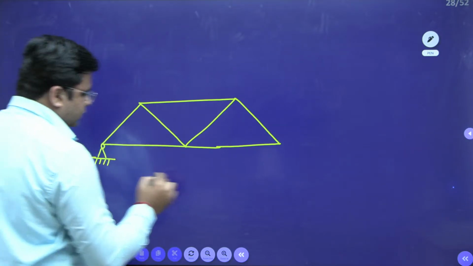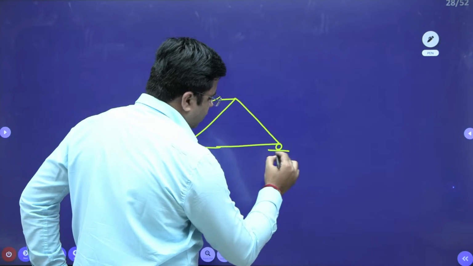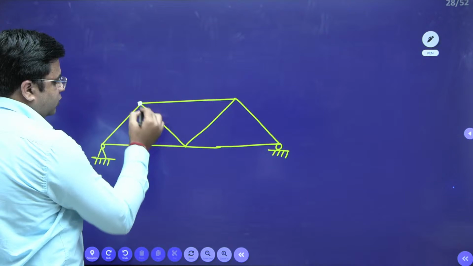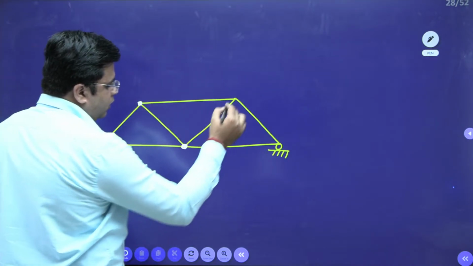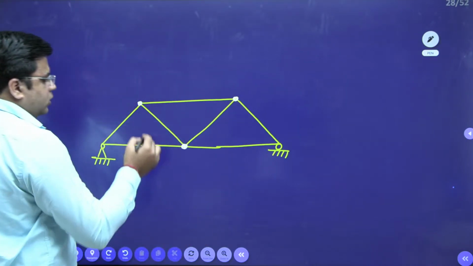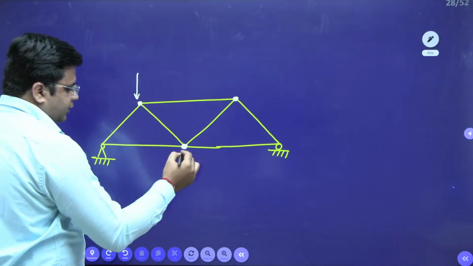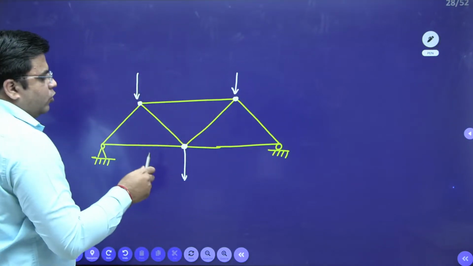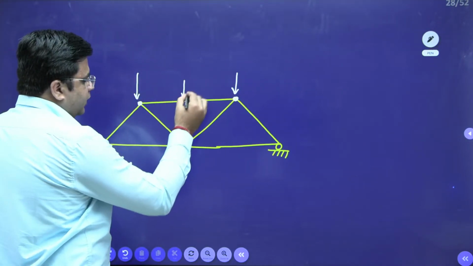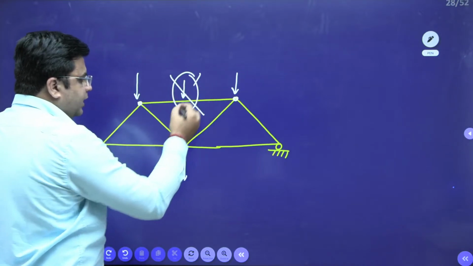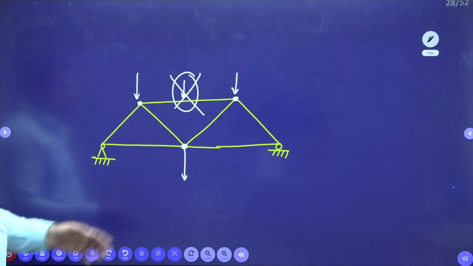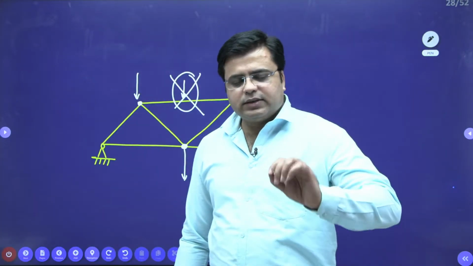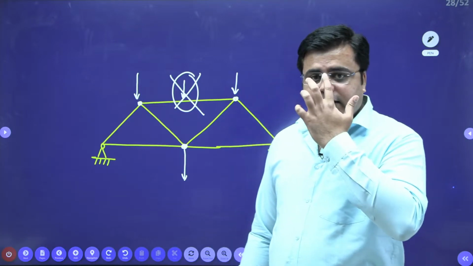For this truss that is drawn, all the members are perfectly straight. All these are joined by pin joints. The external loads are only applied at the joints. There will be no in-between load like this, because this type of load will produce bending moment over the member. Now, these are the assumptions that we take for analyzing our trusses.